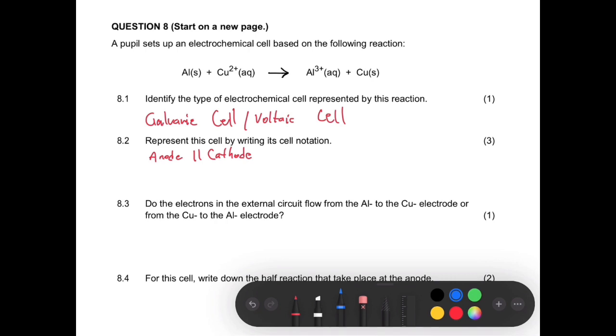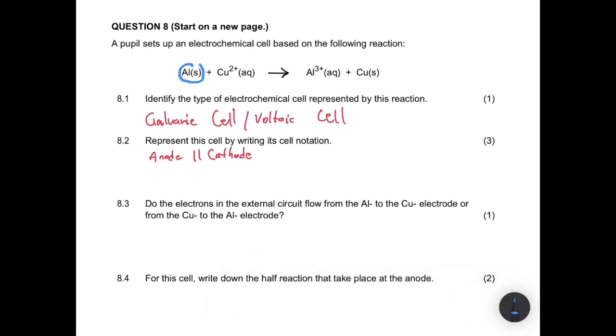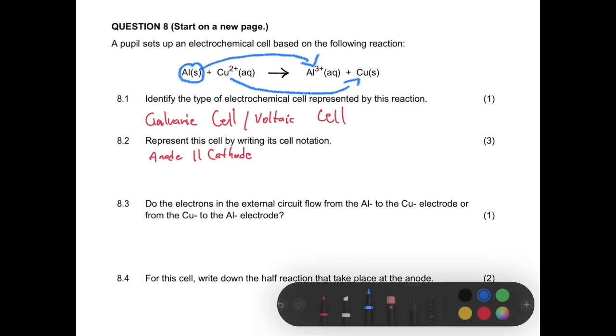So if you look at this equation, clearly aluminium is losing electrons and becoming aluminium 3+. At the cathode, that's where reduction happens, gaining of electrons. Copper 2+ is gaining electrons and becoming copper. So at the anode we have aluminium, and at the cathode we have copper.